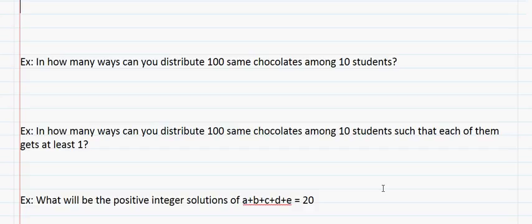So you can make 109 objects such that 100 are of one type and 9 are of another type, and get the answer as 109 factorial divided by 100 factorial into 9 factorial, right? So this is the answer for this question.